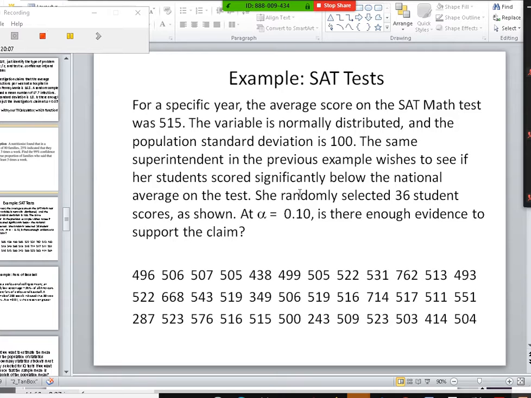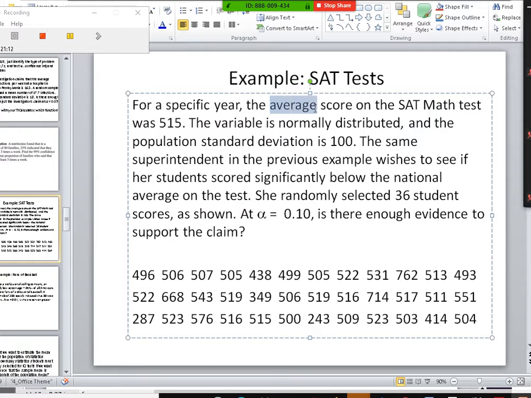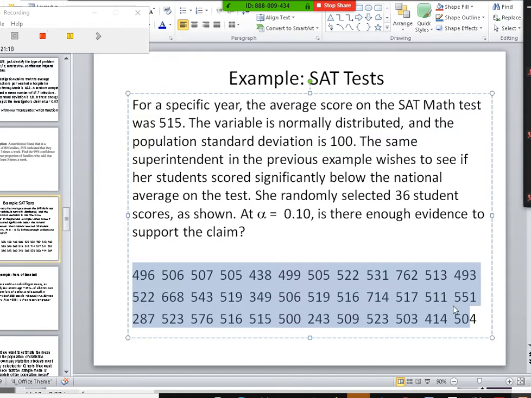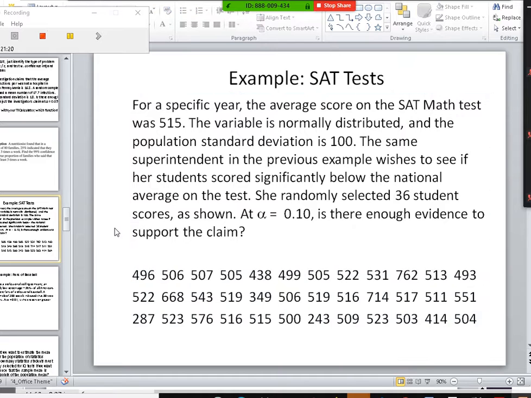All right, is this a mean or proportion, guys? Mean, it says average. People are picking up on that one. Also, my data is numbers, so it has to be a mean. All right, is it Z or T? Mean, Mr. T, so T-table, great.